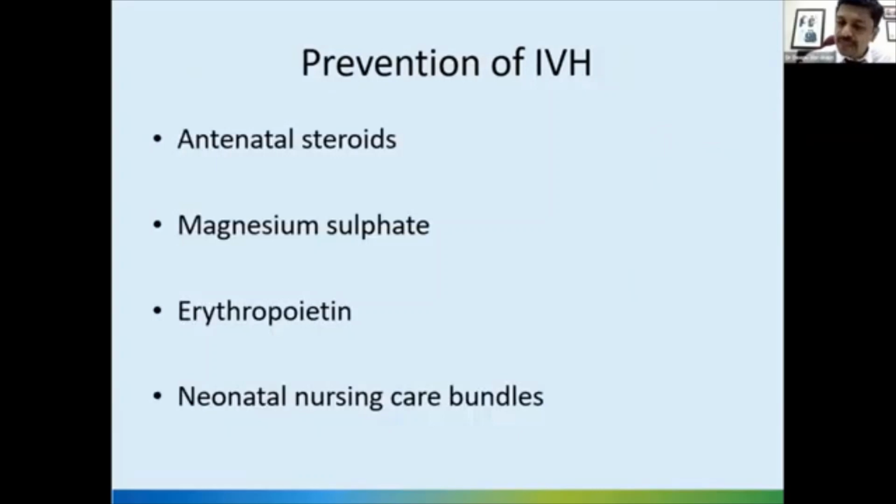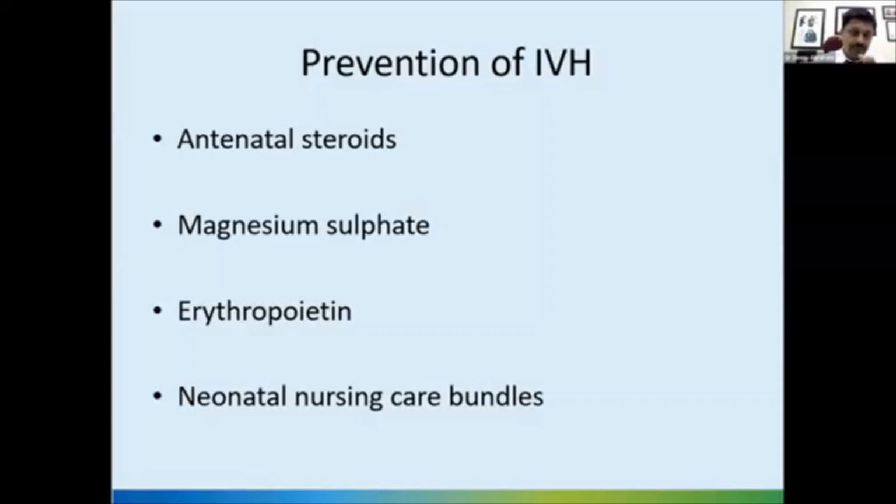I don't have much time left, so I'll just briefly pass by these two slides. Regarding prevention, the crux of one of the main interventions that has changed the incidence of IVH is antenatal steroids. It has significantly helped. Many other interventions, magnesium sulfate and prophylactic erythropoietin, haven't shown any significant impact on IVHs.